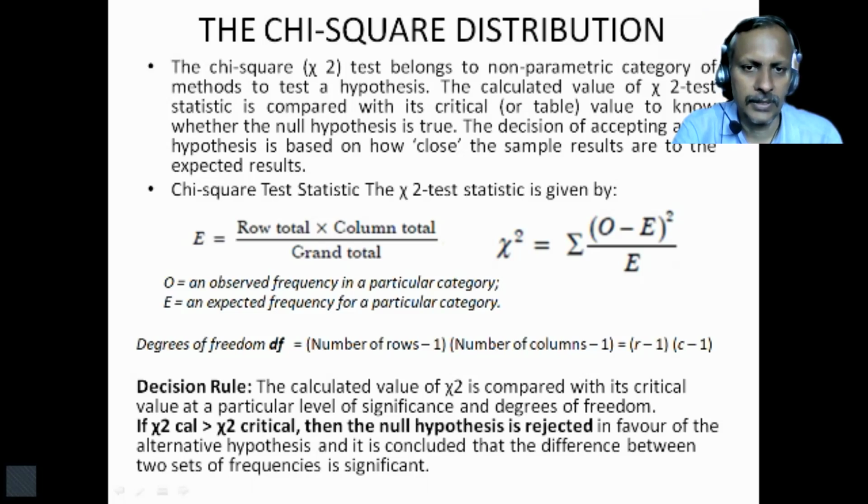So at 95% confidence level, we can test. If the calculated value is greater than the critical value, then the null hypothesis is rejected, which means that the alternate hypothesis is accepted. Then we can conclude that there is a very significant difference between the two sets or the two frequencies. We can understand the chi-square test with the help of an example.